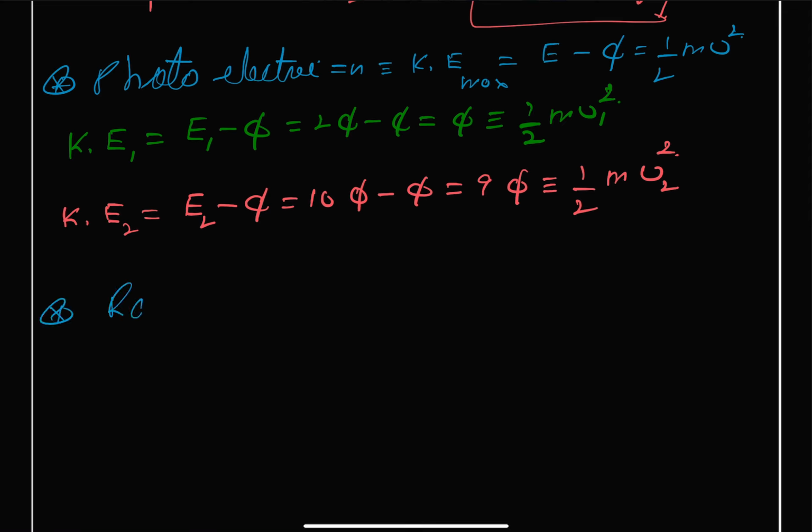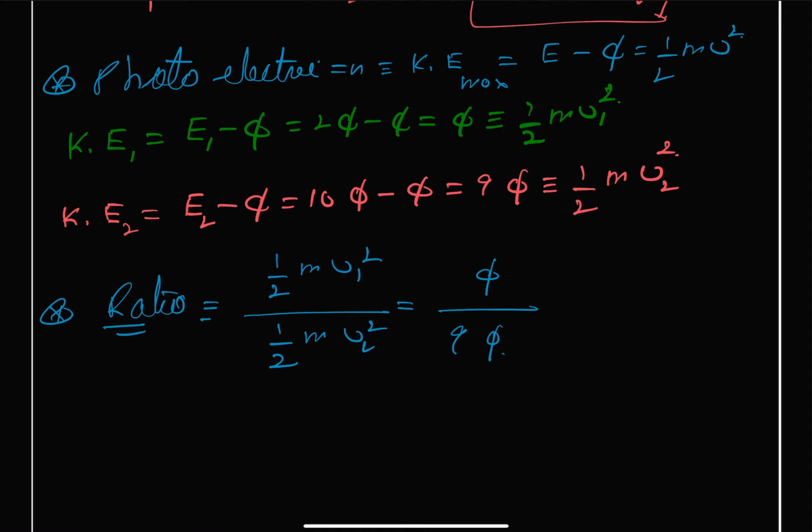So for the ratio, we have half m v1 square over half m v2 square equal to phi upon 9 phi.